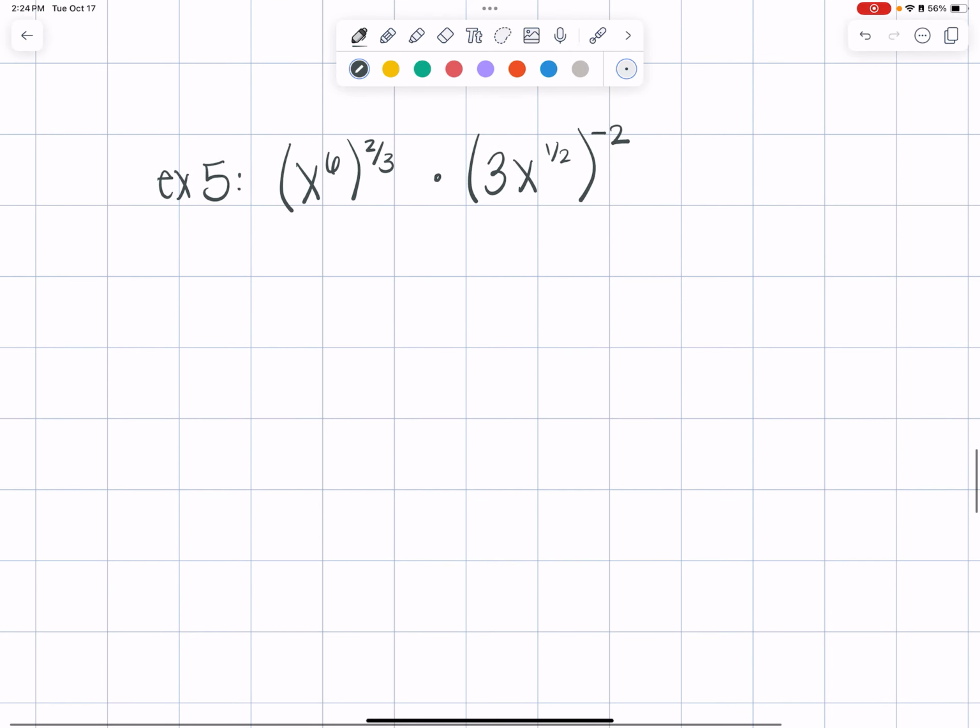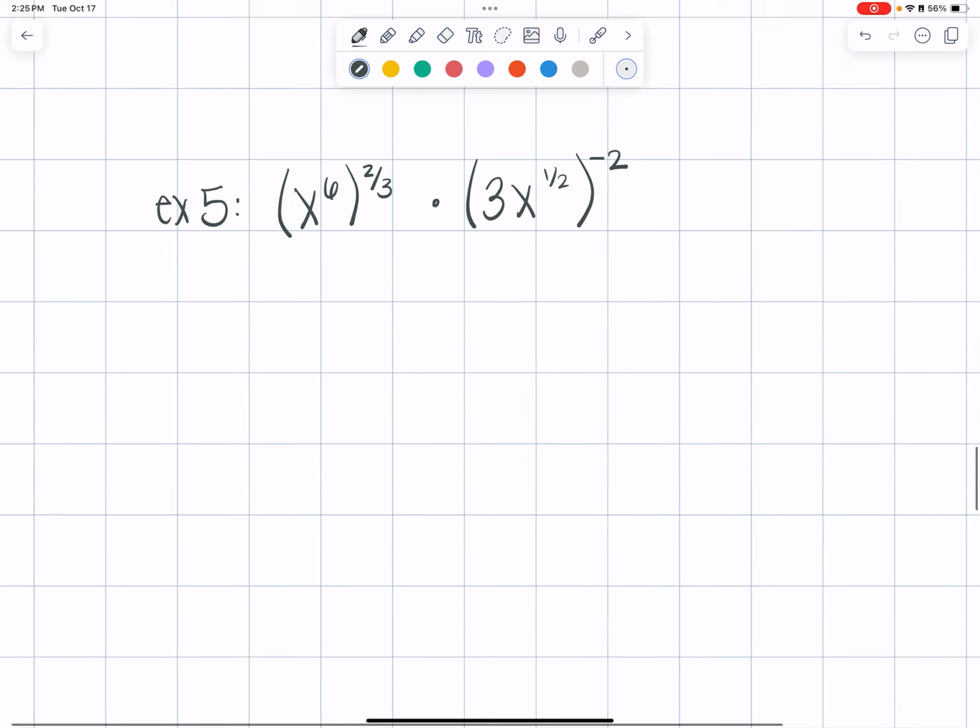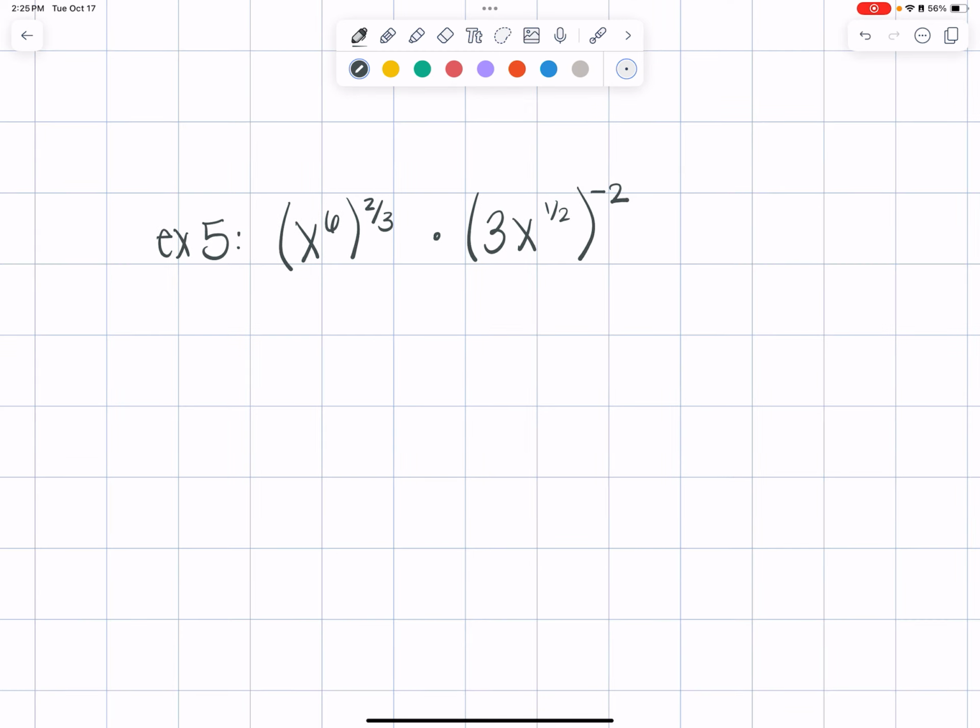All right, and then example 5. x to the 6 to the 2/3 power times 3x to the 1/2, all to the -2. All right, I got a lot of properties happening. First thing I notice is my parentheses. So I'm going to take care of those parentheses first.